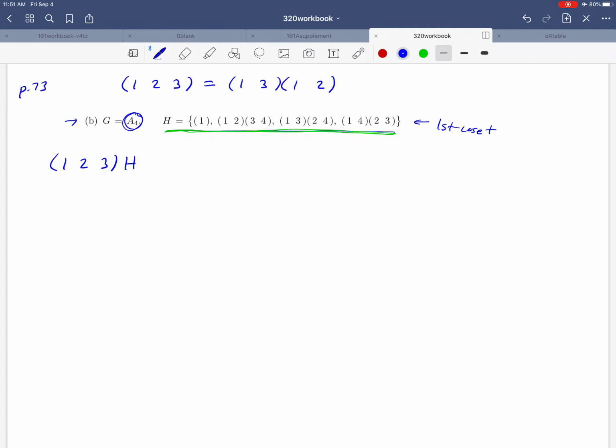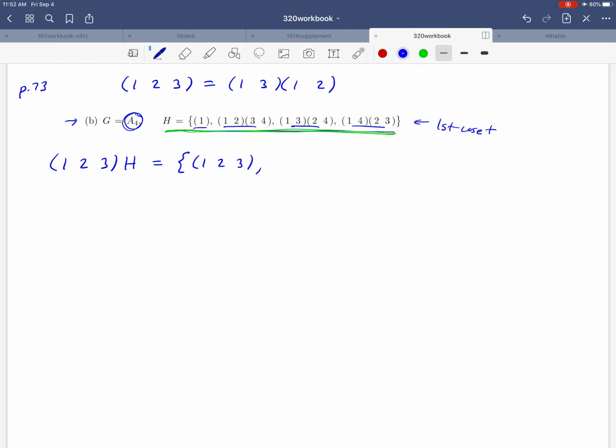Now the question is, what coset would we generate if we took (1 2 3) and multiplied it by each of these 4 elements one at a time? There we'd have to do some calculating. (1 2 3) times the identity is just (1 2 3).